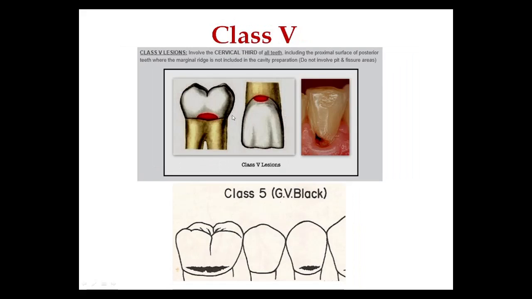Class number 5 involves the cervical third of all teeth, including the proximal surfaces of posterior teeth where the marginal ridge is not included in the cavity preparation. In this region, the cervical third of any teeth: molar, premolar, canine, incisor.